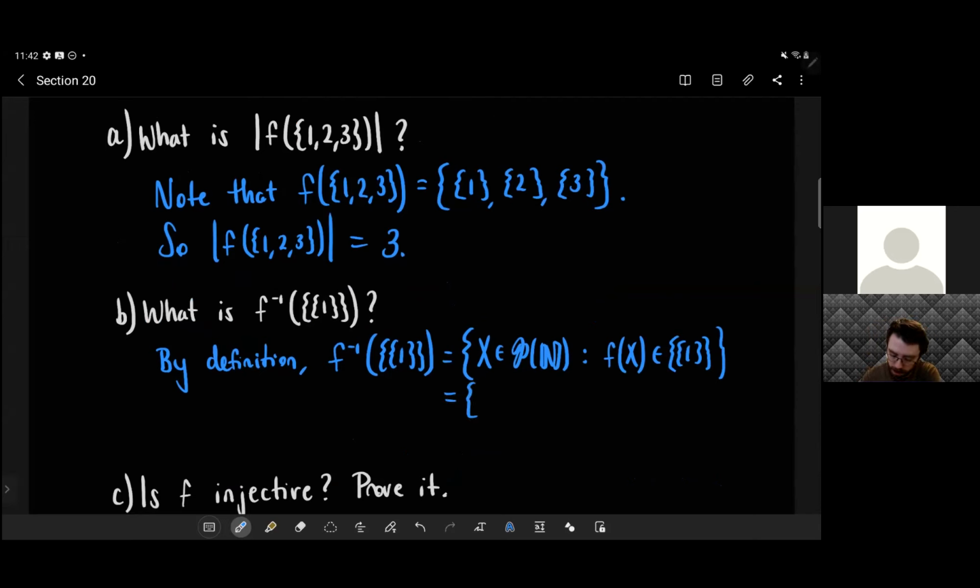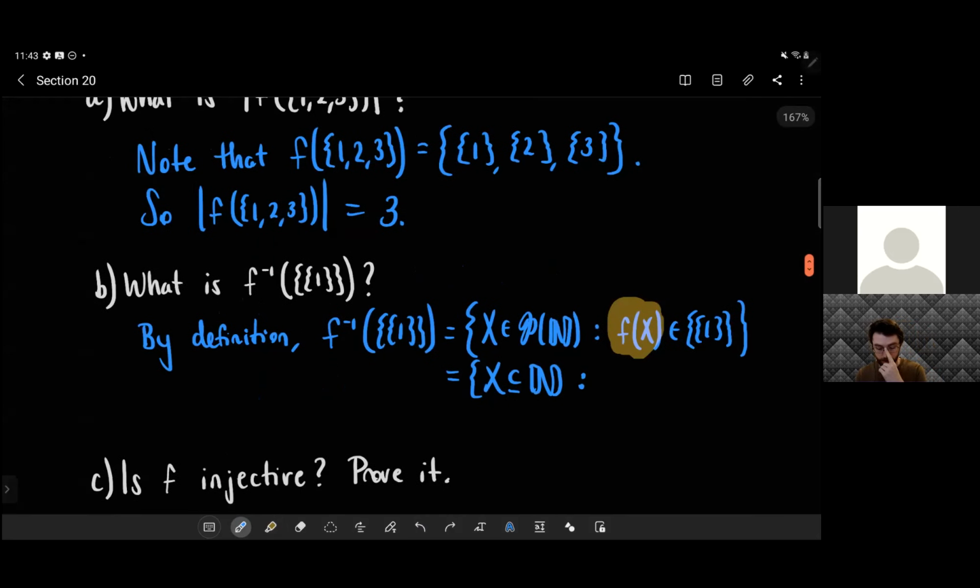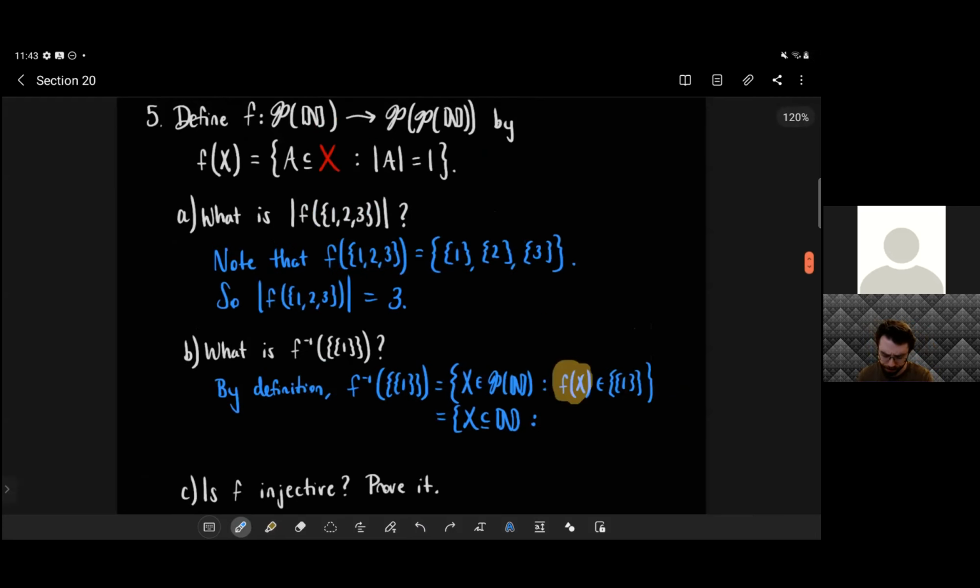Maybe we can simplify things a bit. If x is an element of the power set, it means it's a subset of n. What is f of x? According to our definition, that's the set of all subsets of x that have cardinality 1.